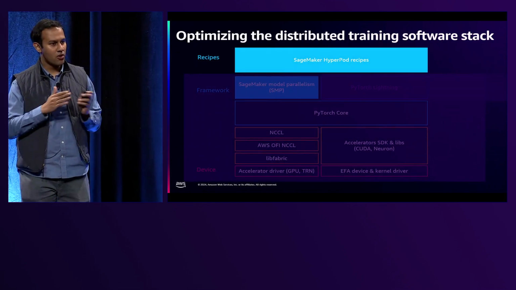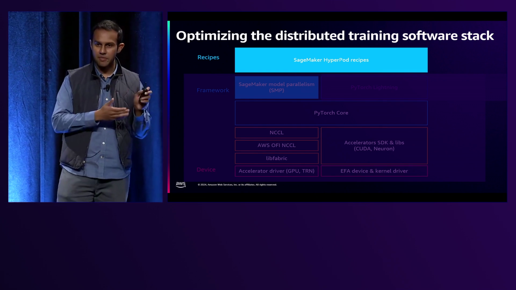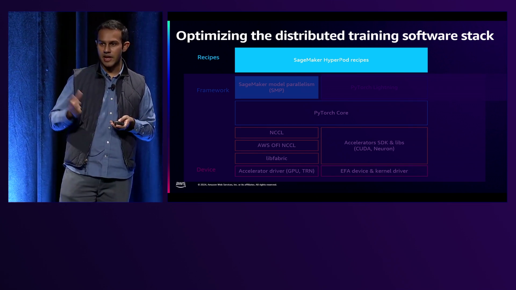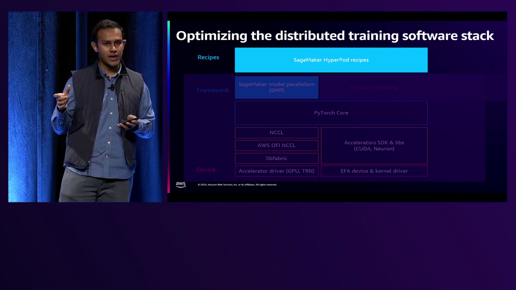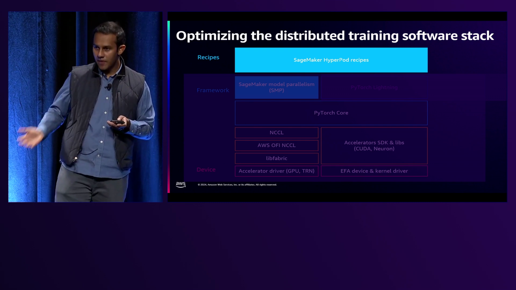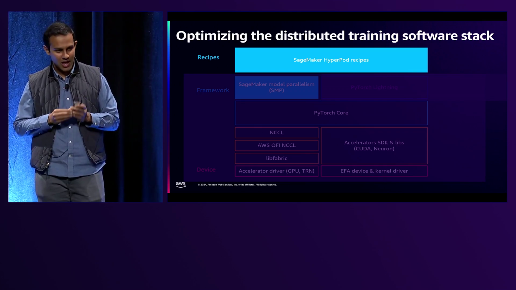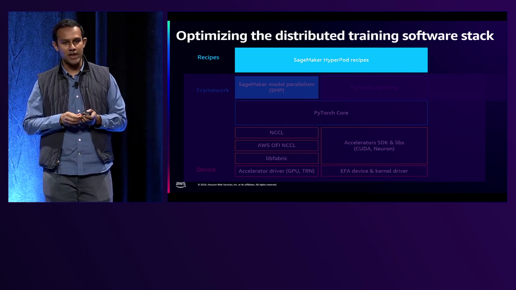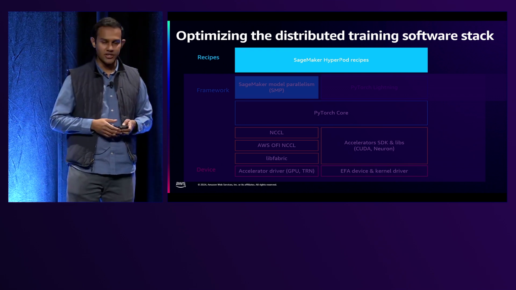So we've spoken through the layers of the framework. SageMaker Model Parallel Library helps you optimize the building blocks. These are the parallelization techniques as well as capabilities like checkpointing. That being said, we said, why stop there? Let's also think about how to abstract away the complexity from running large-scale training workloads with the most popular foundational models.